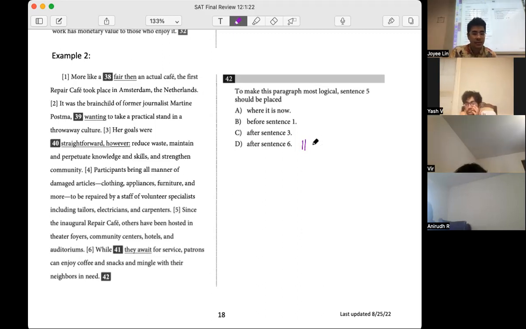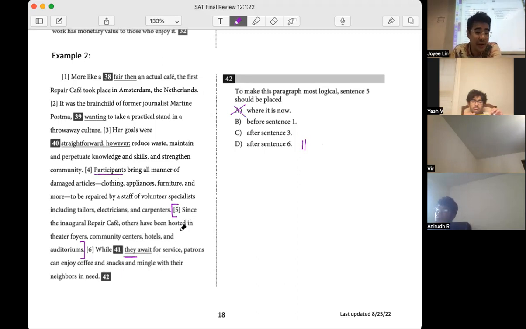Sentence 4 is talking about the participants, and sentence 6 says while they. This one we're asking to place sentence 5. By moving 5 after 6, it connects 4 and 6. We need to connect 4 and 6, so 5 cannot be where it is now.